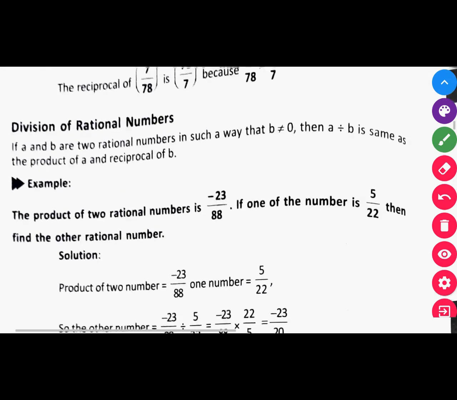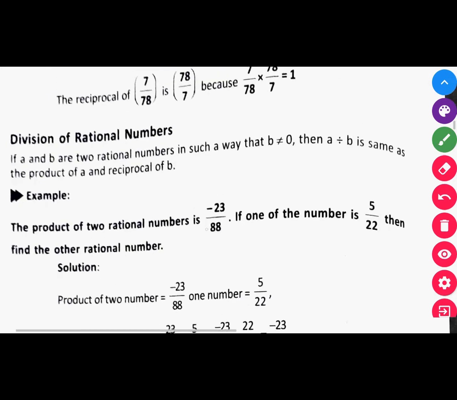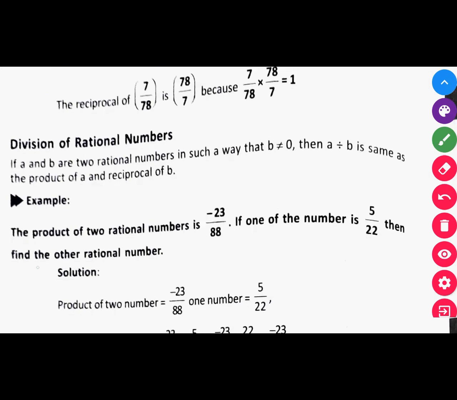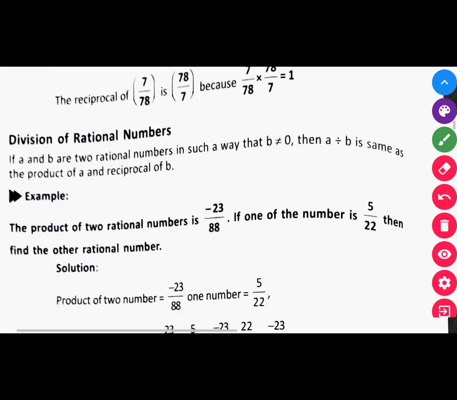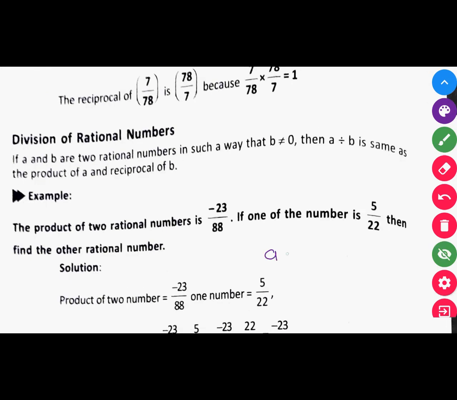Now the product of two rational numbers is minus 23 upon 88. If one of the numbers is 5 by 22, then find the other rational number. So assume the first rational number as a, and if it is multiplied by minus 23 upon 88, we get the product 5 upon 22.